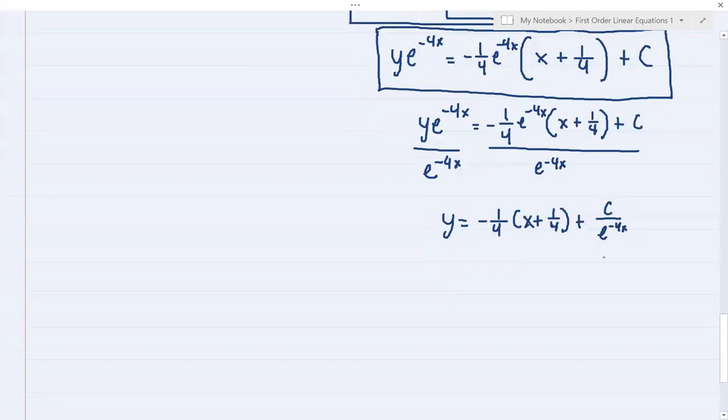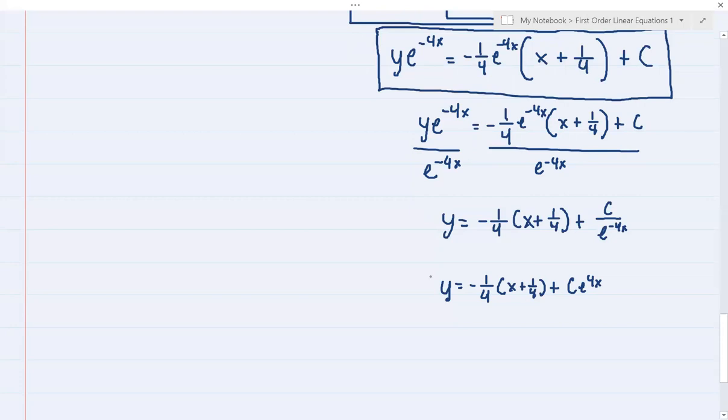Okay, we can still simplify this into y is equal to negative 1/4 times the quantity x plus 1/4, plus c times e raised to 4x.